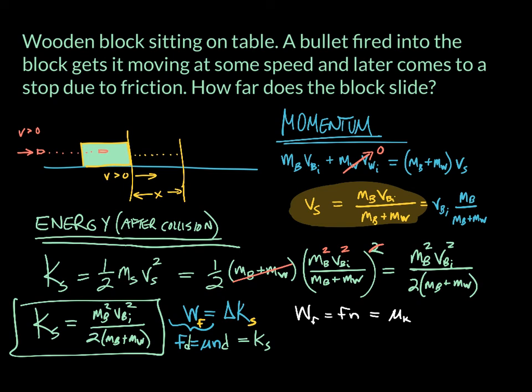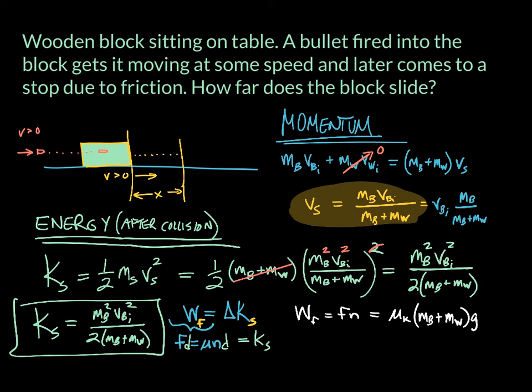We have mu sub s for static friction, when it's not moving, trying to get it to move, and mu sub k for kinetic friction when it's actually moving. And the normal force will be mg, all right? But our mass is a weird mass. It's a sum of masses. So it's the mass of the bullet plus the mass of the block of wood, times g, okay? So mu n equals mu times the total mass times gravity.